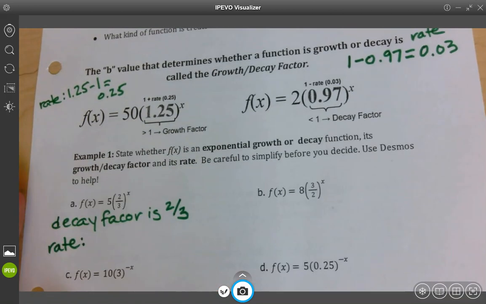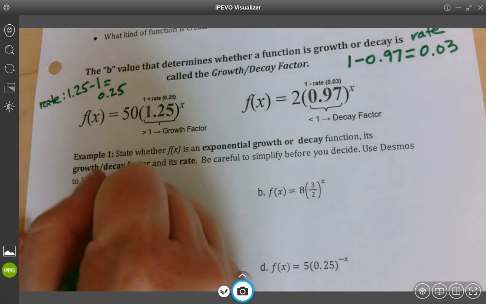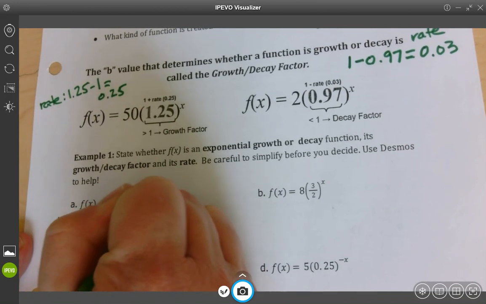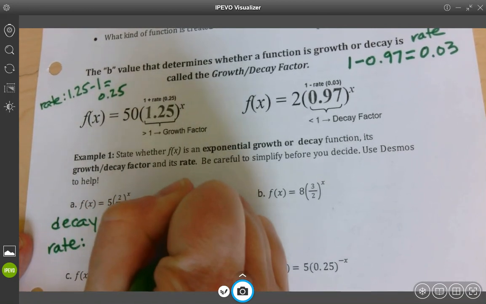Okay, to find the rate, I'm going to subtract that from 1. So 1 whole minus 2/3 is what fraction? 1/3. Very good. So remember, 1 whole is 3/3. And if I subtract 2/3, I'm left with 1/3. That's my rate.